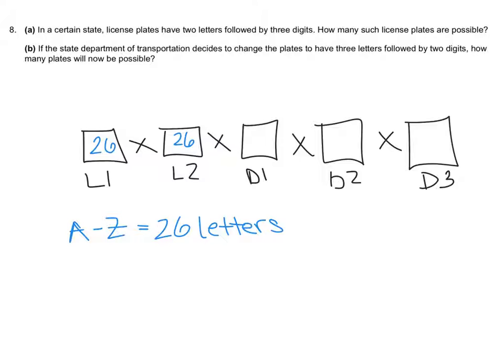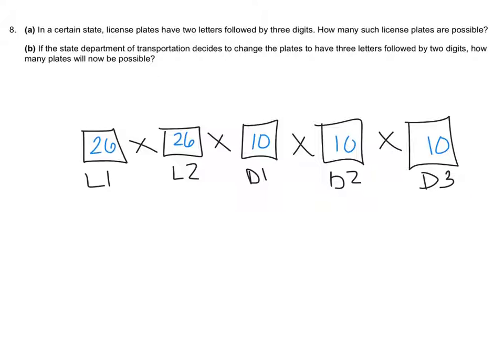Now I'll move on to the digits. I can select 0 through 9 as digits. So if I counted 0, 1, 2, 3, 4, 5, 6, 7, 8, 9, I would have 10 different digits in all. So the number of ways to select digit 1 would be 10 ways, since there's 10 digits to choose from. And this will be the same for selecting digit 2 and digit 3.